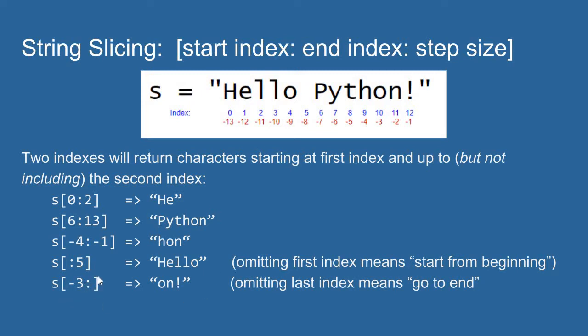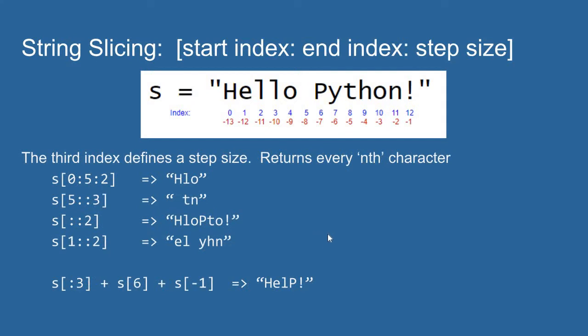And if we leave off the second index here, we're going to slice from the first index all the way to the end of the string. So here we're going to start at index -3, which is O, and we're going to slice all the characters until the end of the string. So ON exclamation point. All right. Again, in my example here, I have an error. There should be an exclamation point as well.